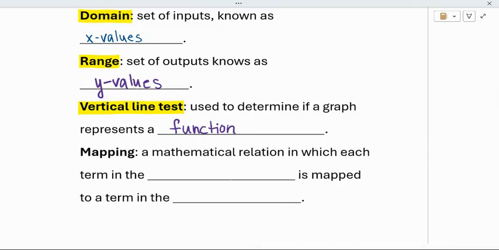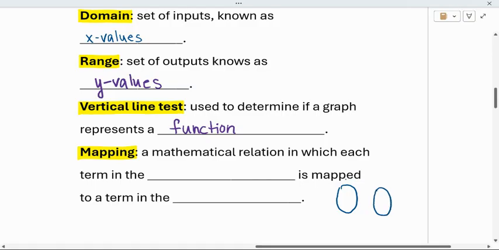And then lastly is a mapping. A mapping is, I'm going to just draw a little sketch of a mapping down here. It looks like these two bubbles, where this is your domain and this is your range. And you see numbers in here and then arrows going across. Have you guys ever seen something like that? Yeah, you have. That's called a mapping.